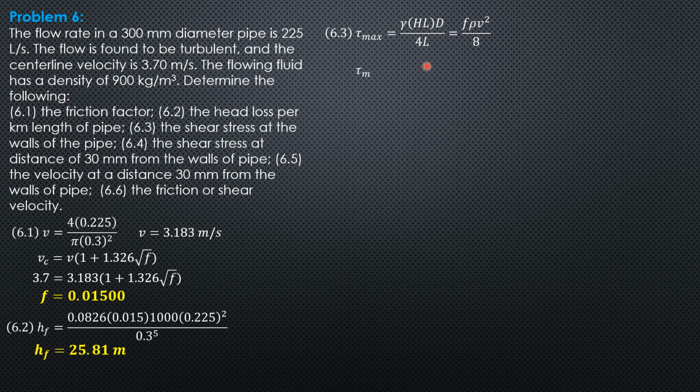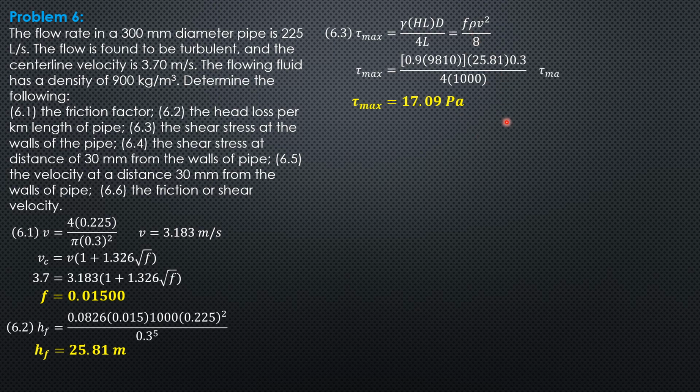Using this formula, it is 0.9 times 9,810 newtons per cubic meter, head loss 25.81, diameter 0.3, divided by 4L, 4 times 1,000. 0.9 is 900 divided by 1,000, the specific gravity of the liquid. So tau max is 17.09 pascals, the shear stress at the walls of the pipe.